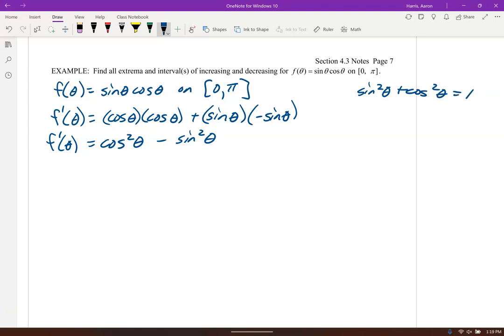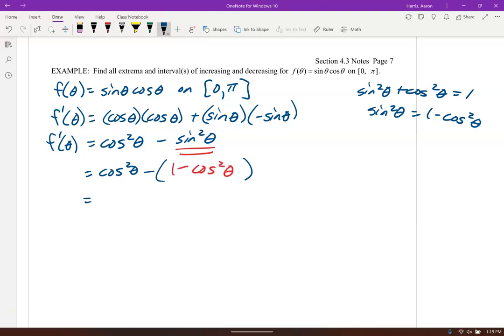I need to get them all into cosines or all of them into sines, but I'll go ahead and replace the sine squared. So sine squared would be 1 minus cosine squared. So we have cosine squared minus 1 minus cosine squared, and so we've got cosine squared theta minus 1 plus cosine squared theta. So it looks like we got two of these cosine squared thetas minus 1. That's our f prime of theta.